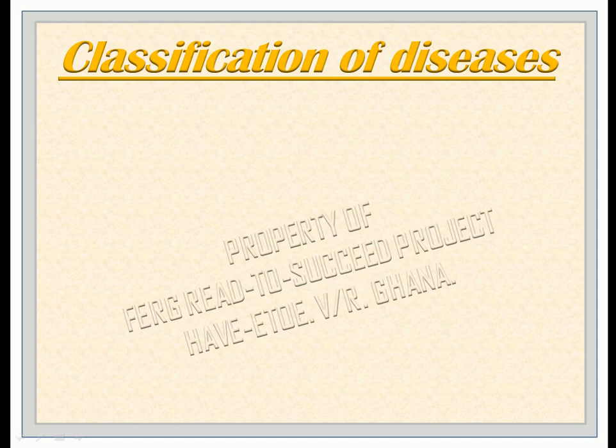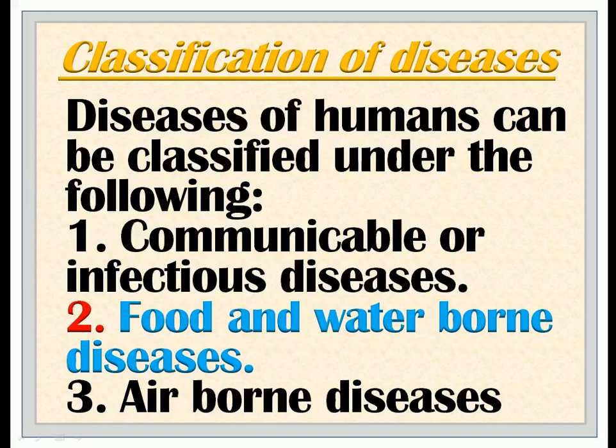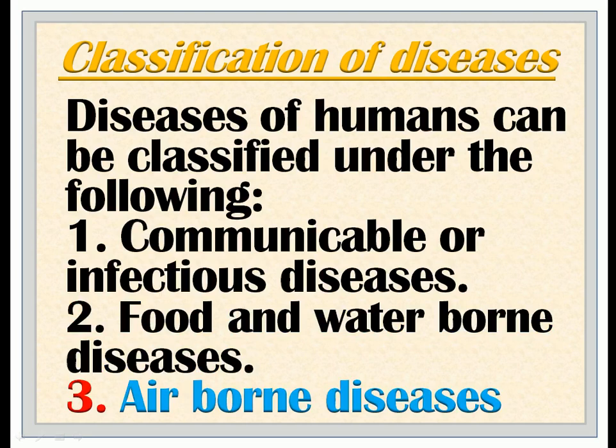Classification of diseases. Diseases of humans can be classified under the following: 1. Communicable or infectious diseases. 2. Food and water-borne diseases. 3.